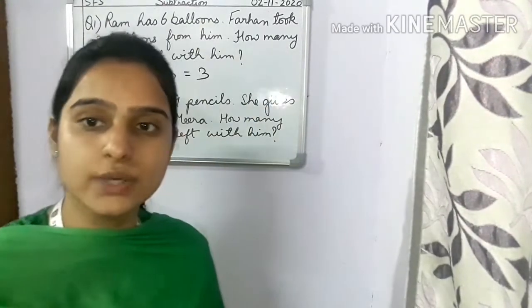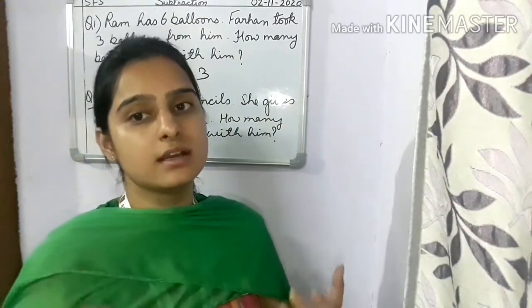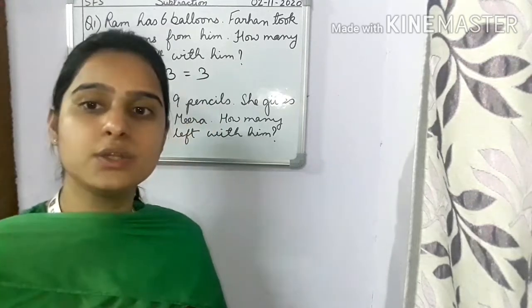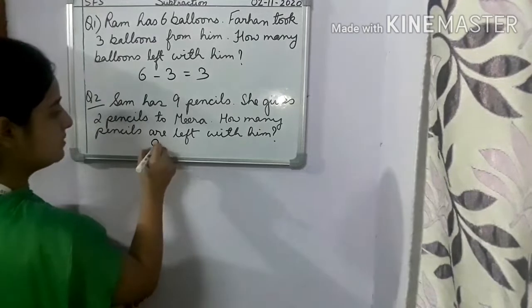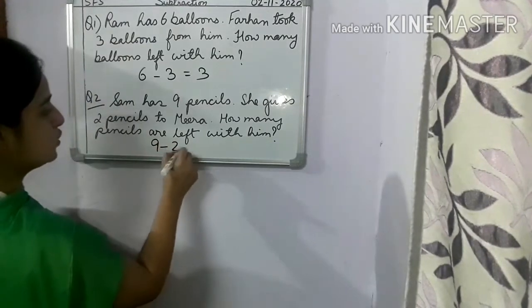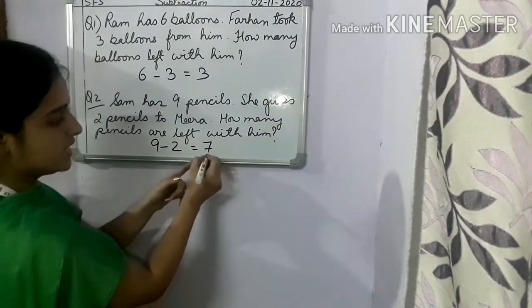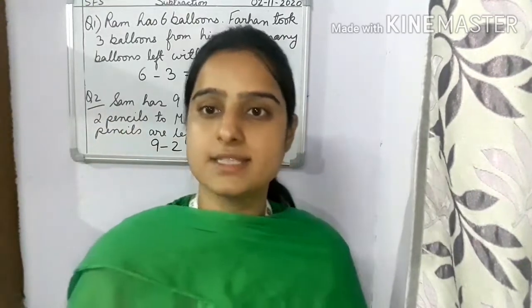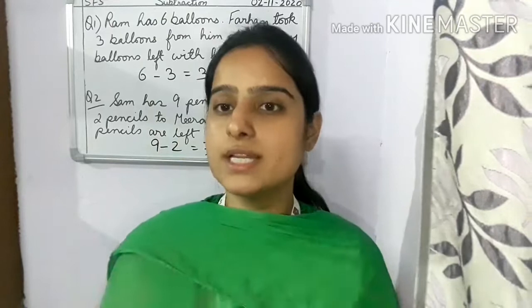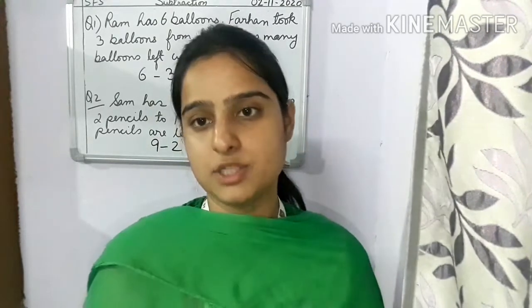So what we are doing here? We are doing subtraction. This is how you can use subtraction in your daily life. Okay. So 9 minus 2 is 7. And 7 is what, children? 7 is the difference. Is it clear?